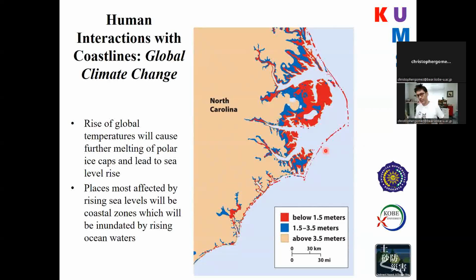So you have on North Carolina here, the shore below 1.5 meters, between 1.5 and 3.5, and above 3.5 meters. So let's not consider 3.5. 3.5 can still be flooded when you have a big storm. And that's not a big storm combined with a high tide, and that's enough.